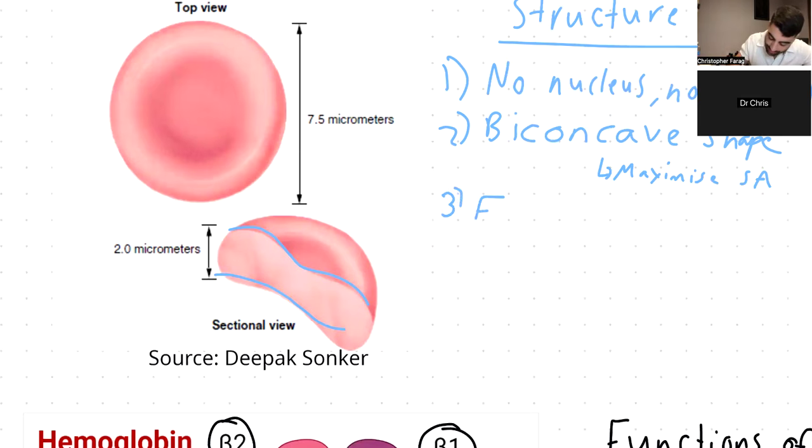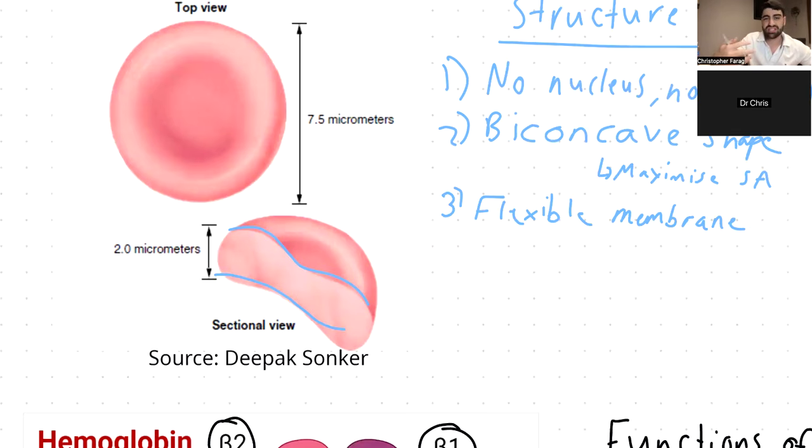Other things, you can say that the membrane is flexible. Why is this of benefit? So flexible membrane. This one is, to be fair, less intuitive, but if we know that our red blood cells are going to be transported all around our body through narrow capillaries, and it's going to have to go through our spleen, we don't want them to rupture.